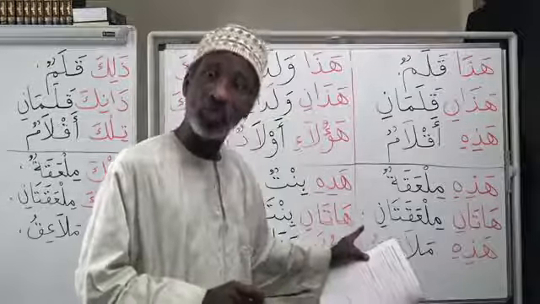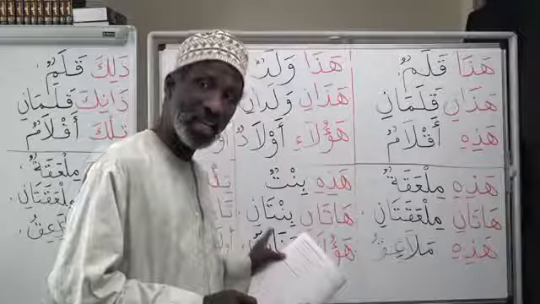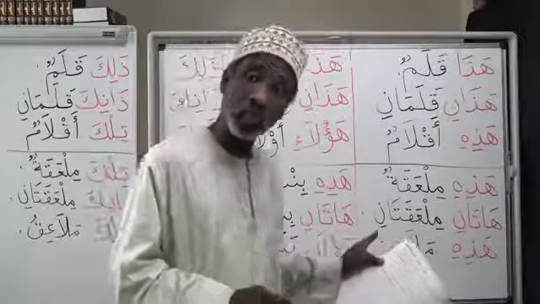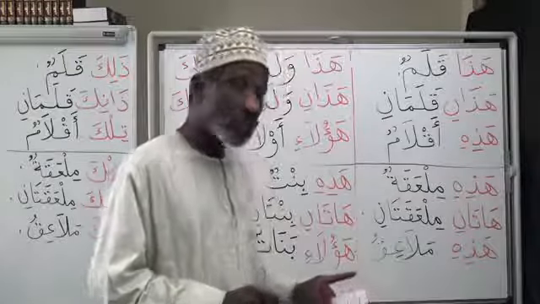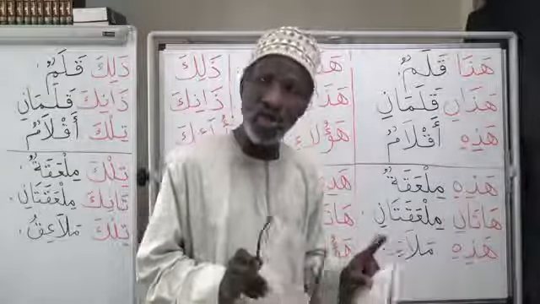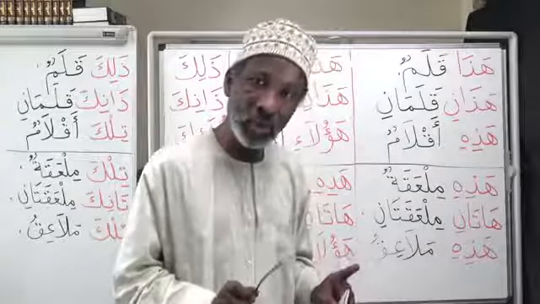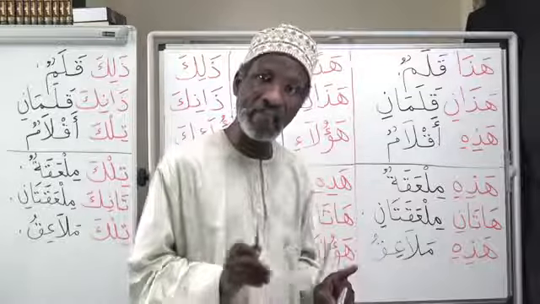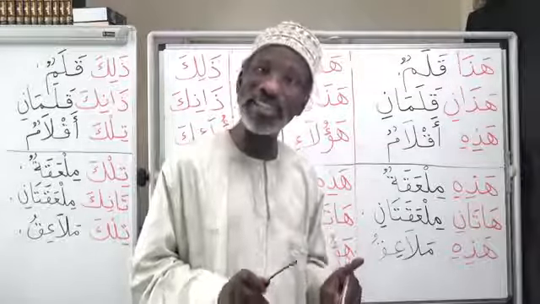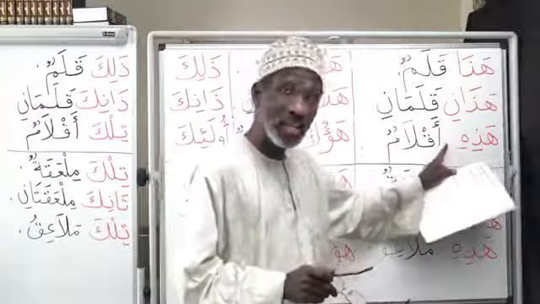These are two spoons. هاتان بنتان. These are two girls. So any non-human plural, you consider as if you are dealing with a singular feminine. So in this case, you use هذه.